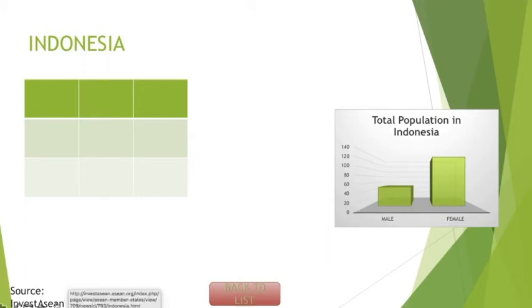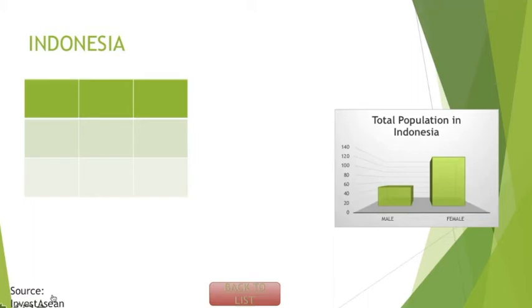I put here a source, investigation, which means this will go to an external source. It will go to investasian.asian.org. Again, this is only a simple example. You may use your own preference, whatever website you want to use for the external link.